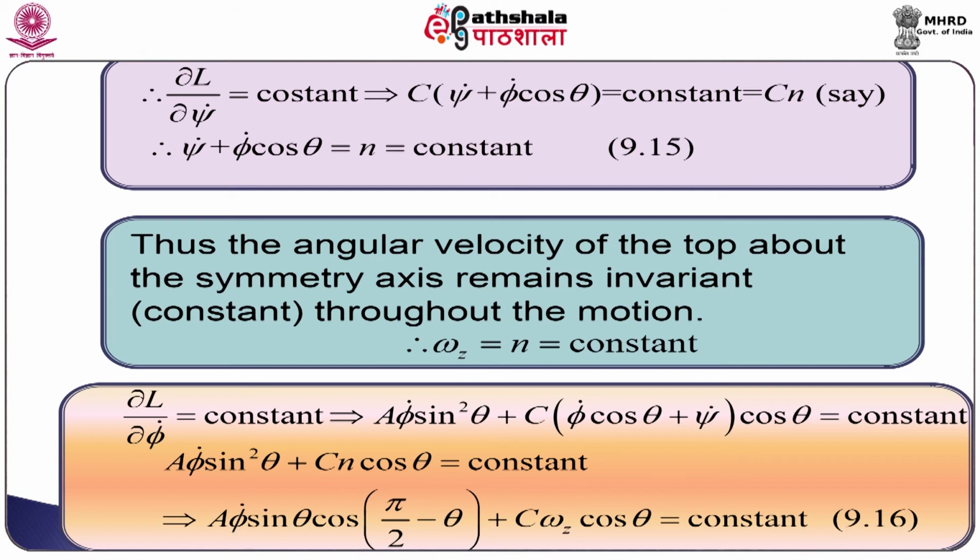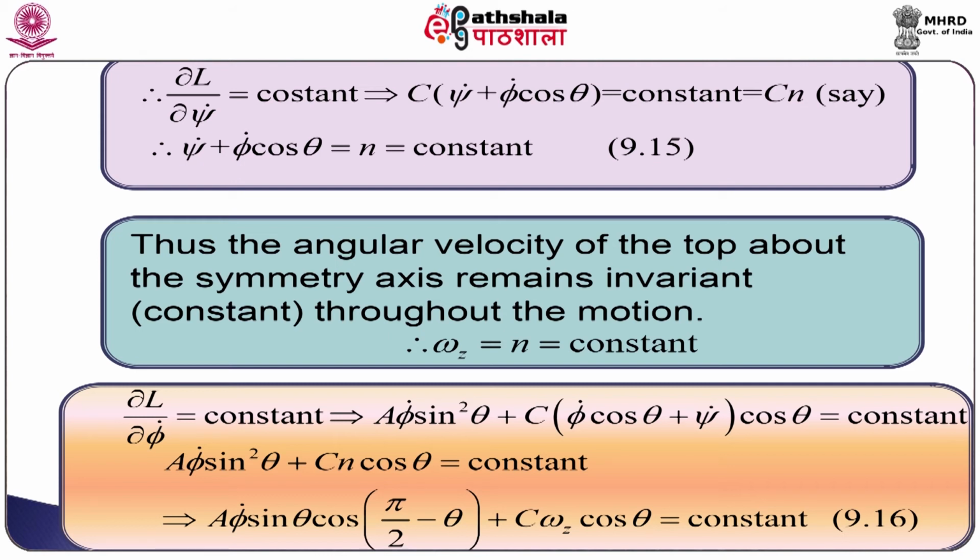Angular velocity of the top about the symmetry axis, that is, omega suffix z equal to n equal to constant. Again, since phi is a cyclic coordinate, we have del L by del phi dot equal to constant. Calculating the partial derivative, we get this one. So, this is constant.